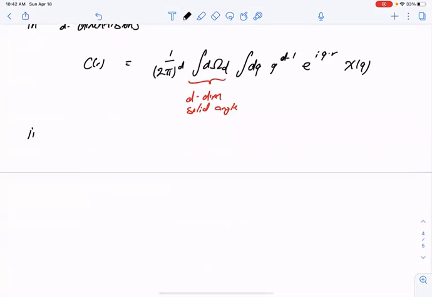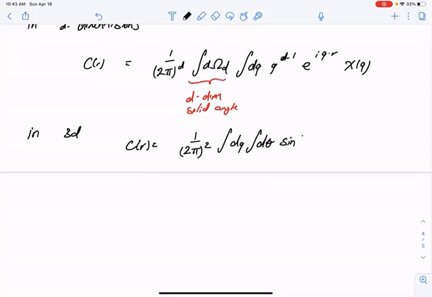Specializing to 3 dimensions, we'll get one factor of the solid angle from some phi coordinate. We'll have our integral over q and an integral over some theta. This defines a spherical coordinate system in q space.